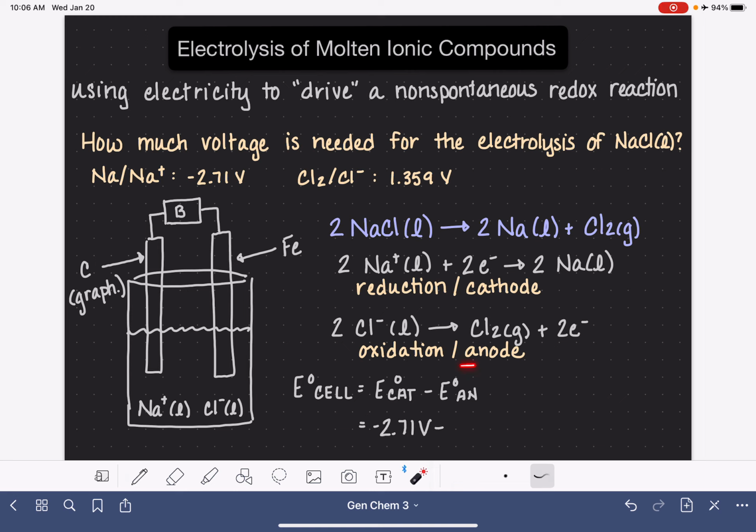And the anode is the chlorine reaction, and that voltage is 1.359. We would also be able to put these two numerical values in the right order because we know that, because this is electrolysis, the voltage has to be negative. So this is negative 4.069 volts. That number simply means that it takes 4.069 volts for this reaction to take place.